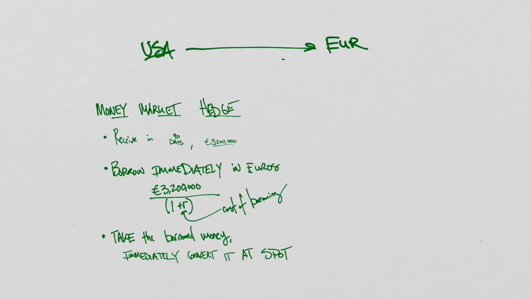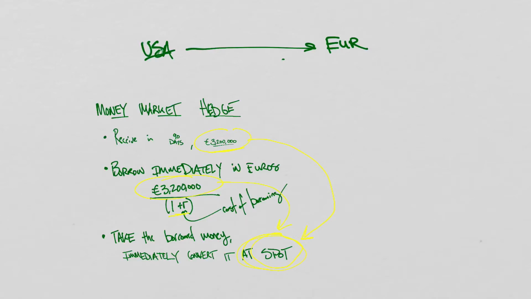And the reason why they do that is because now they've immediately converted at the spot exchange rate, and so they know exactly how much they're going to get in terms of USD for this 3.2 million euros. They haven't received it yet, but they sort of did effectively, because they borrowed from the bank 3.2 million euros, or almost that amount, and then immediately converted that amount at spot.